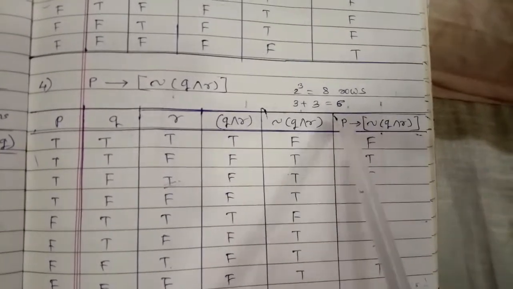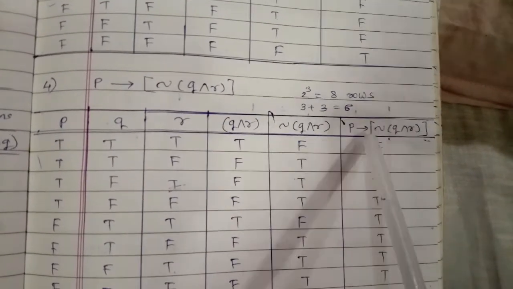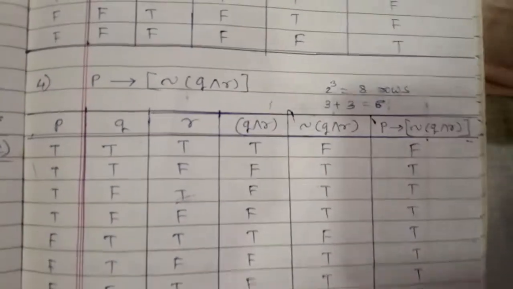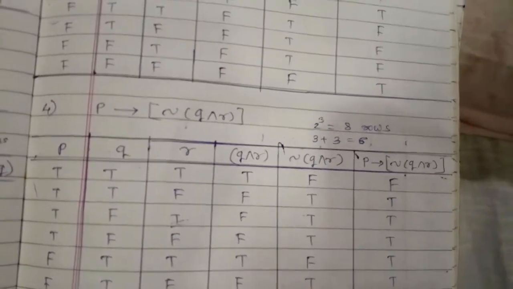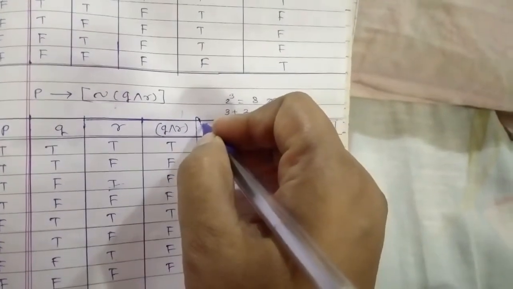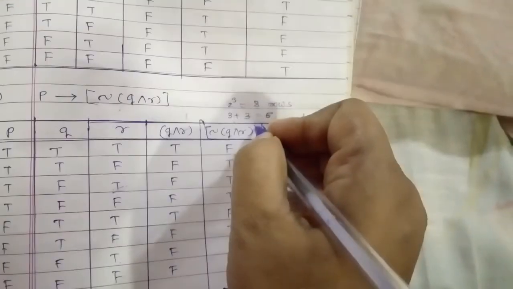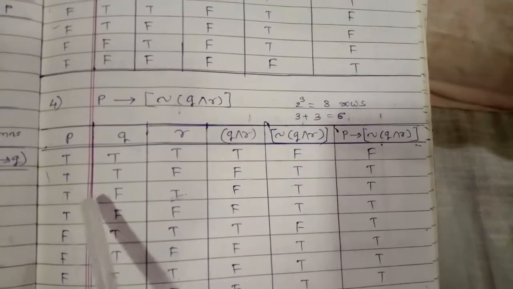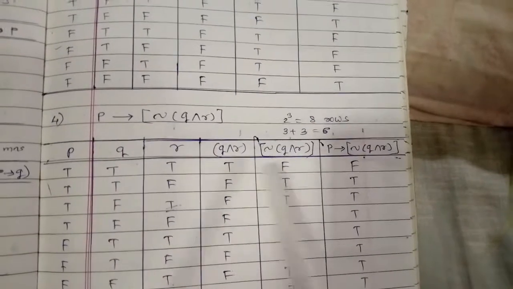After that we have to take the conditional of P with this bracket. I am just going to put down the bracket for this one, not necessary. Now see, we have to take the conditional of P with this. So we have to see these columns, P and this one.